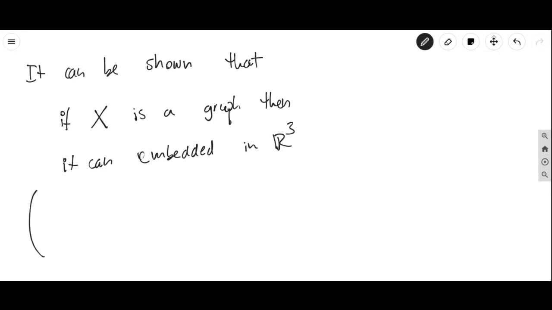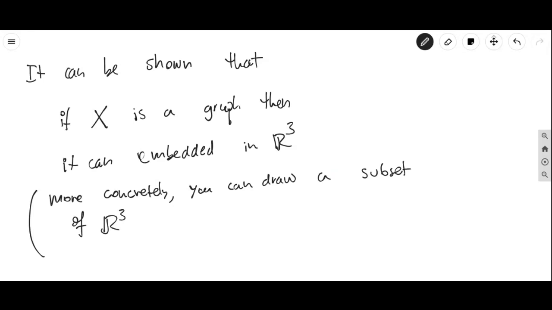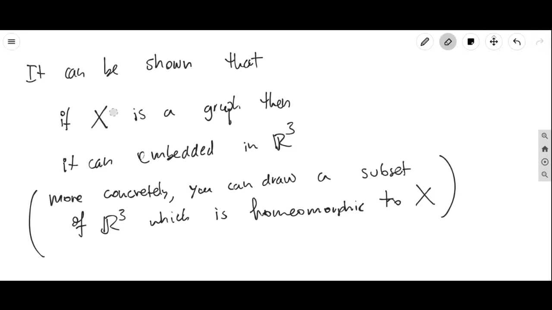So what does this mean? More concretely, you can draw a subset of R3 which is homeomorphic to X. Okay, so X is a topological space.